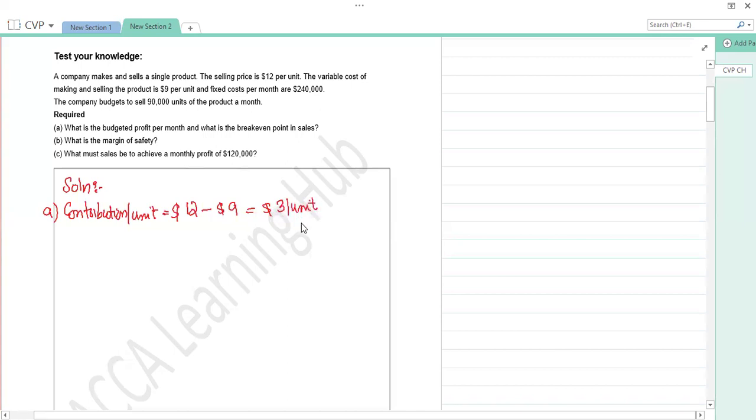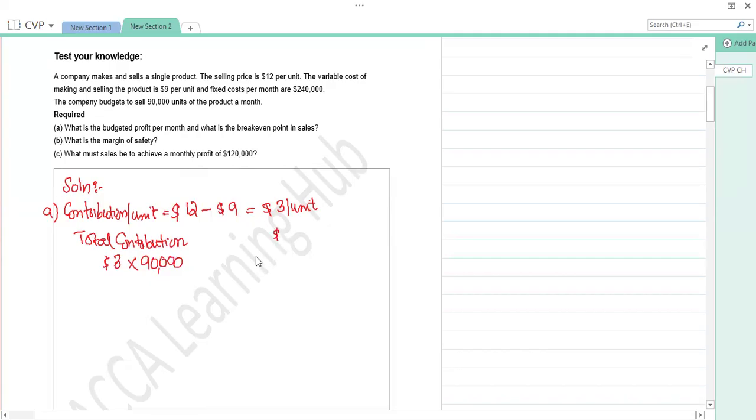I have to calculate the profit. So we will calculate the total contribution. Total contribution is equal to 3 into how many units we budgeted to sell? 90,000.